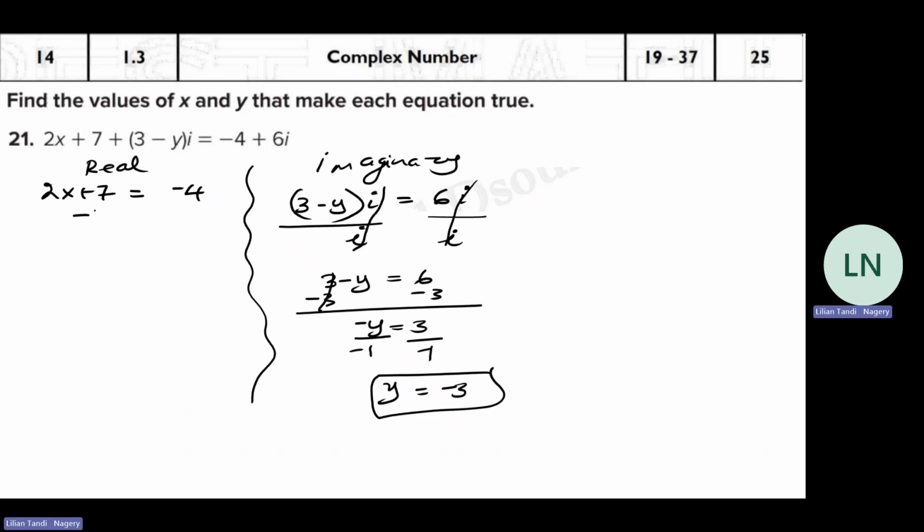All right, minus 7, 2x equals negative 11. Divide by 2, x is negative 11 over 2.